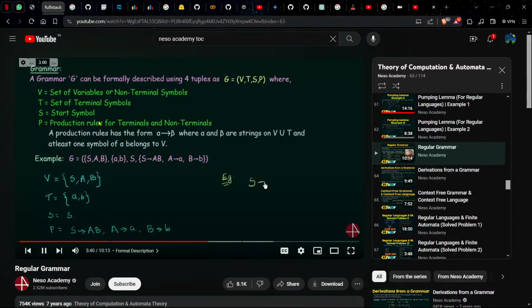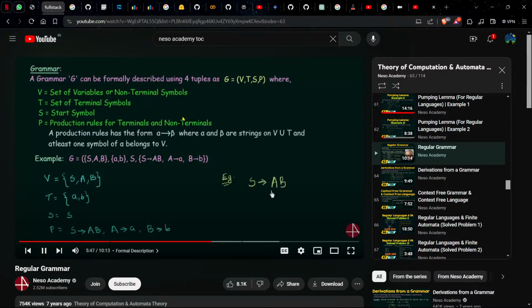Our starting symbol is S. So I take S, and I can say that S gives AB from this production rule.